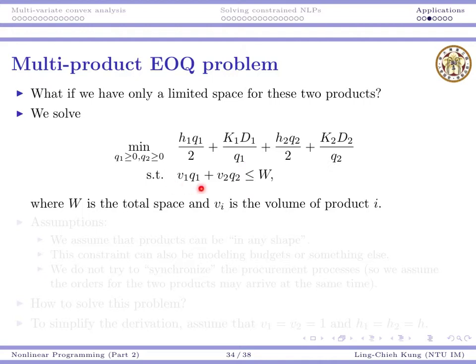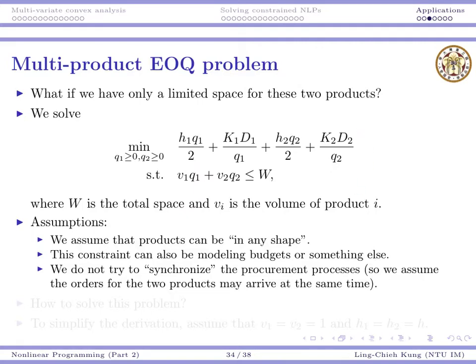If we have this constraint, then mathematically this problem becomes non-separable. We cannot divide this problem into two independent single-variate problems because the optimal quantity of Q1 may depend on Q2, and the optimal quantity of Q2 may depend on Q1.